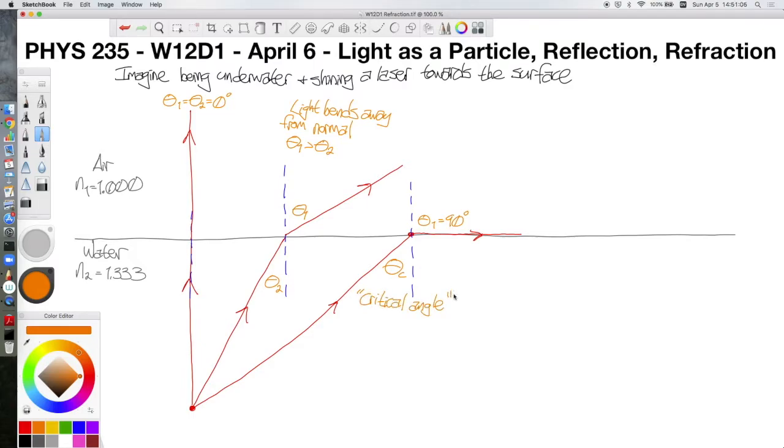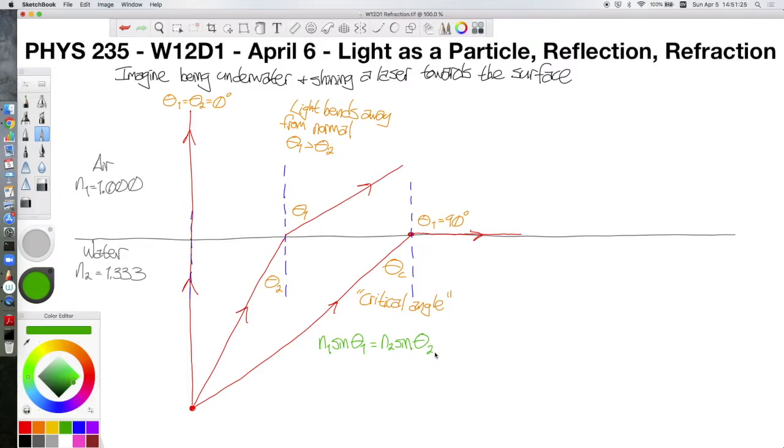And we could find the critical angle for light by using Snell's law as follows. So we're going to have n1 sine of theta 1 equals n2 sine of theta 2. So one side of this equation will be air and one side will be water.